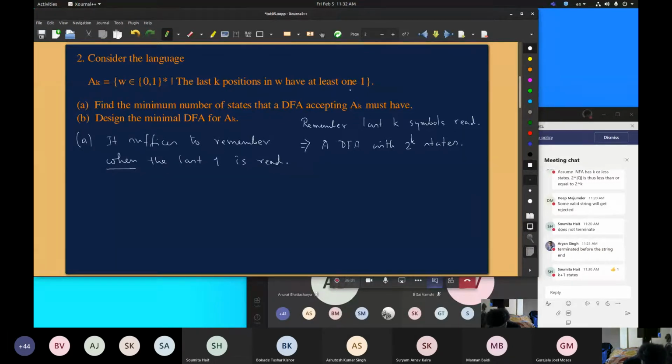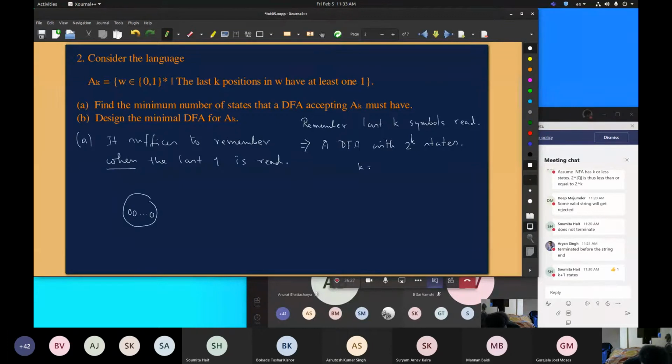Okay, so this will essentially give me k plus 1 states. The first one is all zeros. So no one is read among the last k positions. Or maybe, as a simplification, let me take k equal to 5.